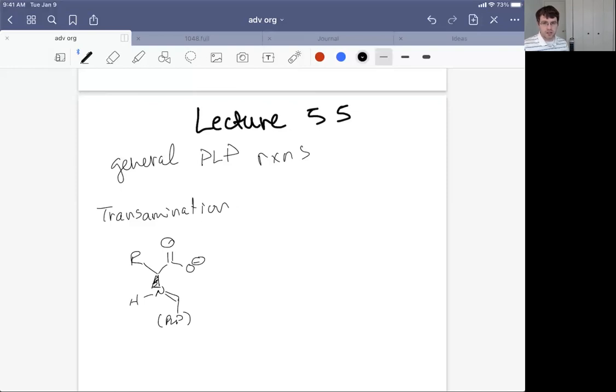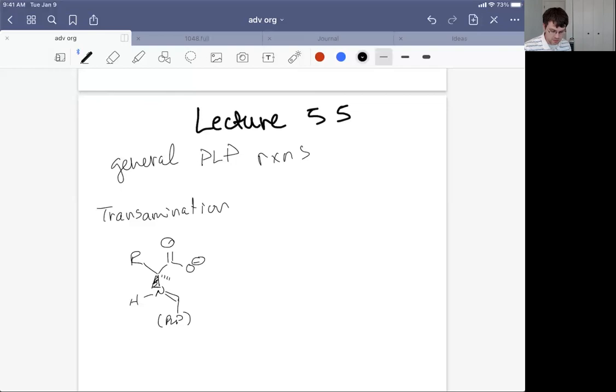For transamination to work, what we have to recognize is that all PLP does, and all these figures in the textbook are wonderfully designed, is that PLP is a big molecule provided by biology so that we can stabilize a negative charge at the alpha position of amino acids.